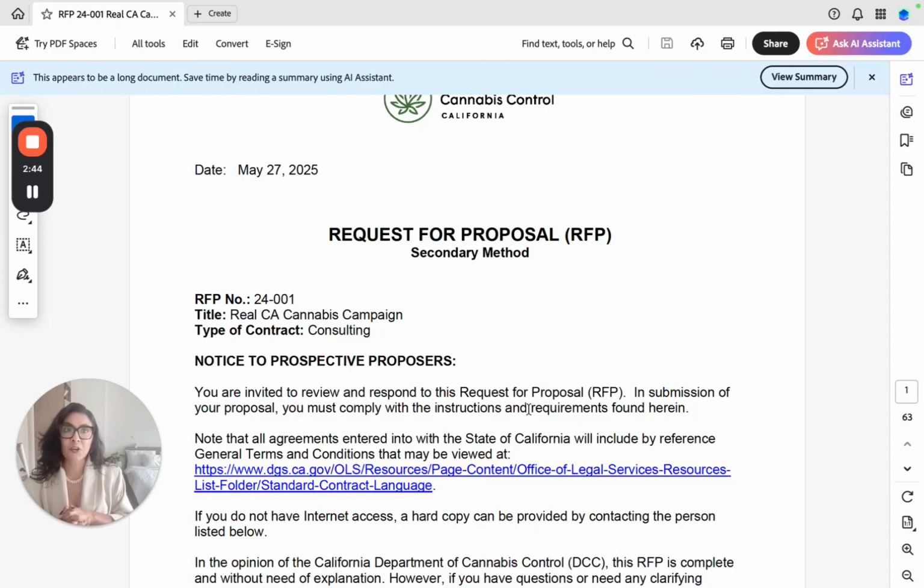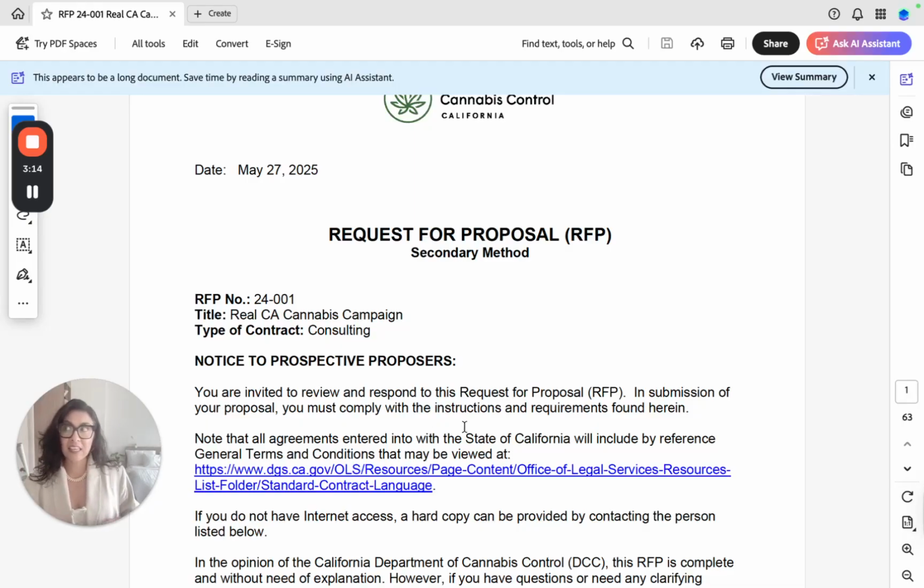But once you're familiar with RFPs in your industry, it'll go by faster because you'll know what parts you really need to look for and what parts you can skip. With the technical proposal, you're not going to review any of the cost or pricing information, so you can skip that right away. But other than that, you want to read the entire RFP.